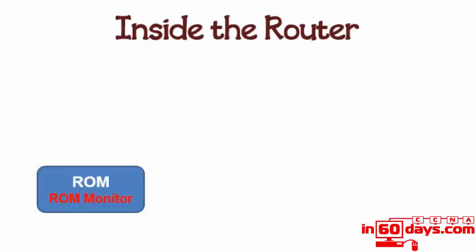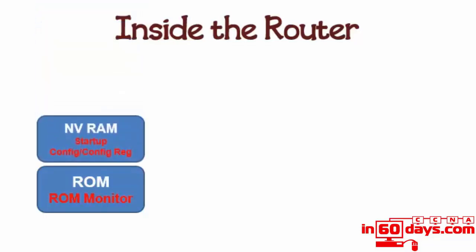ROM is short for ROM monitor. That is a tiny set of instructions that allows the router to initialize and checks to see which modules are connected and if the router is operating functionally at a basic level. Non-volatile RAM is where we keep our startup config.